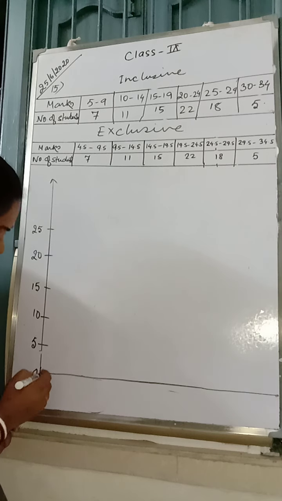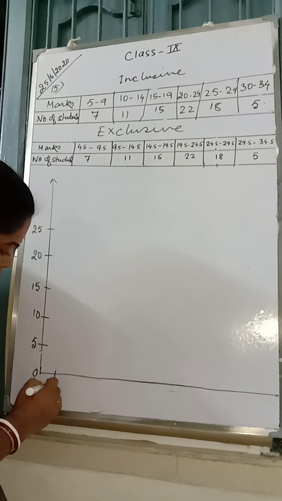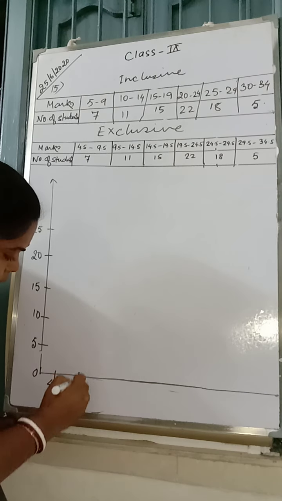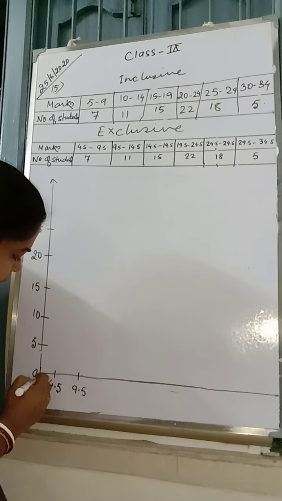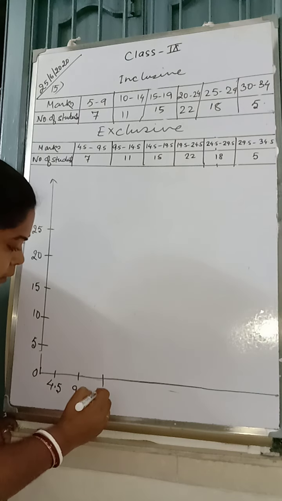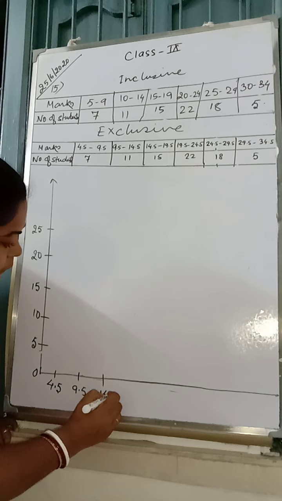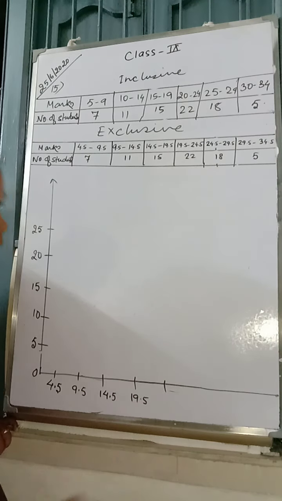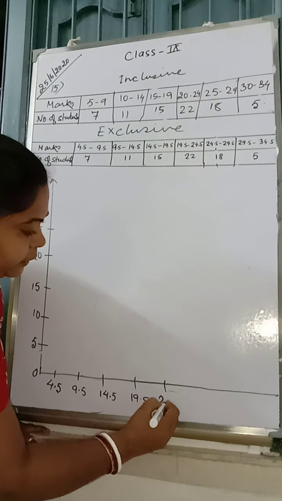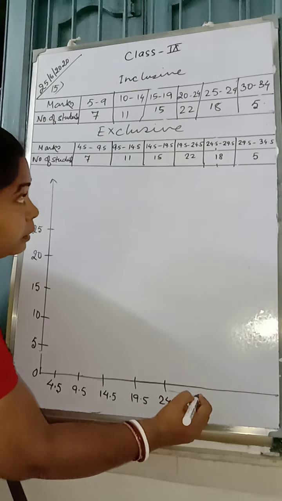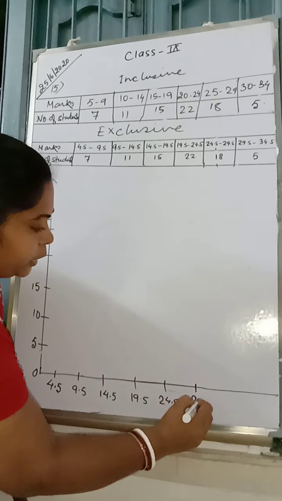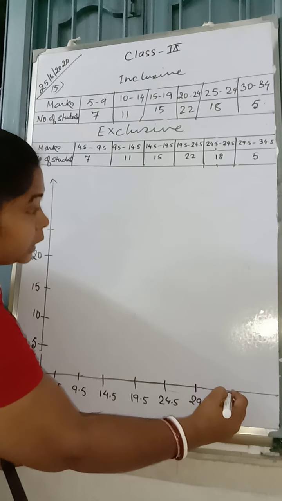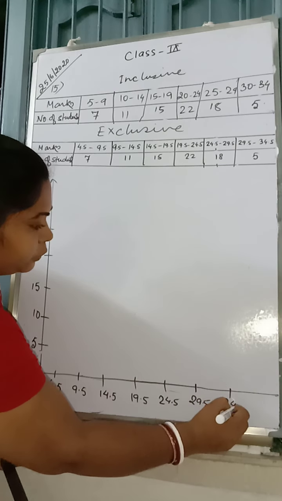Now this is 0, 4.5, 9.5, 14.5, 19.5, 24.5, 29.5 and 34.5.